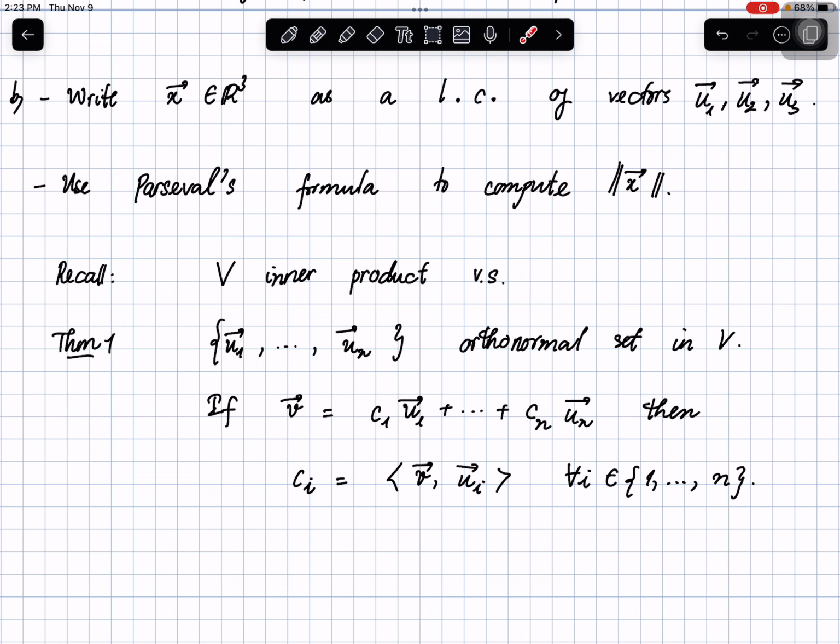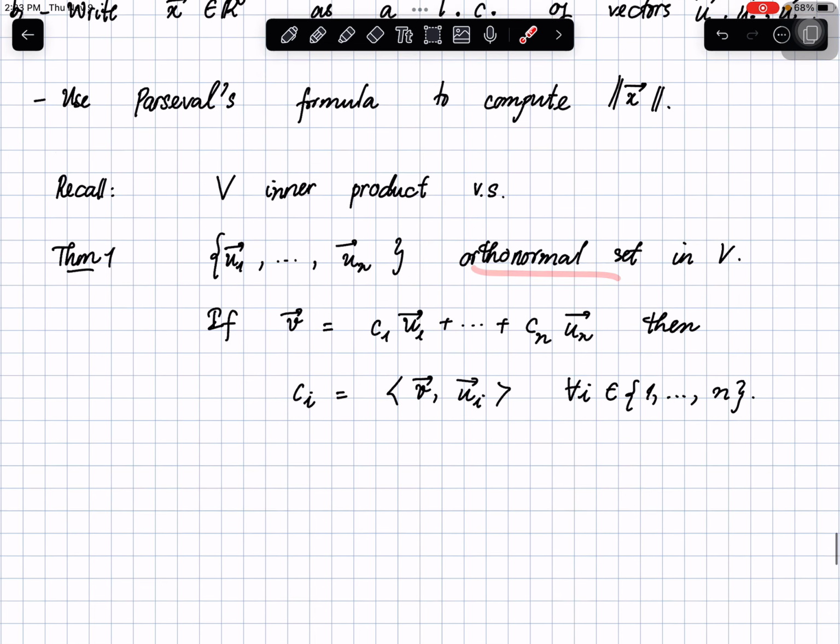Recall that V is an inner product vector space, a vector space with inner products. In our case, it's R3 with dot products. We have an orthonormal set of three vectors u1, u2, u3. Then any vector v in the vector space V can be written as a linear combination of the three vectors, and the coefficients can be determined by the inner products of v with the vectors in the orthonormal set.